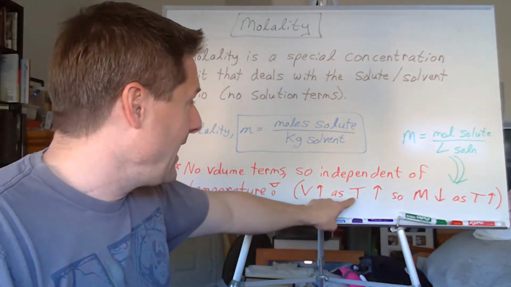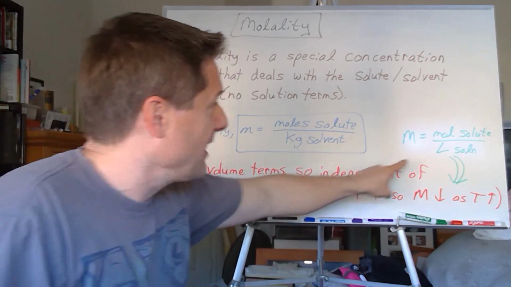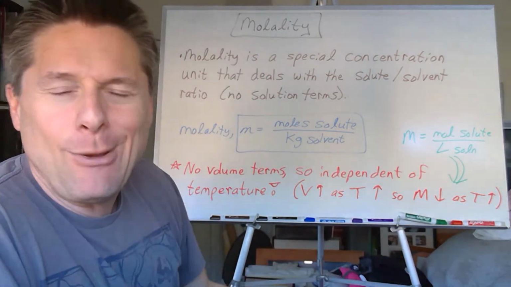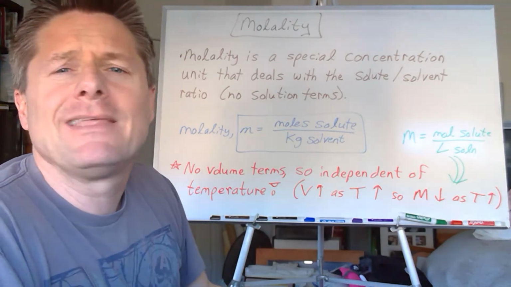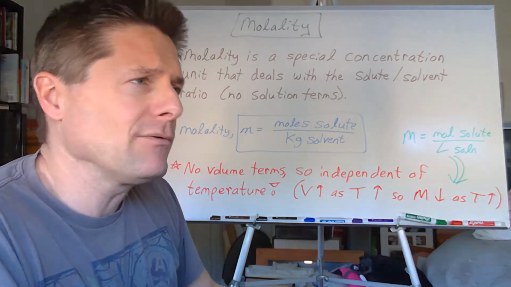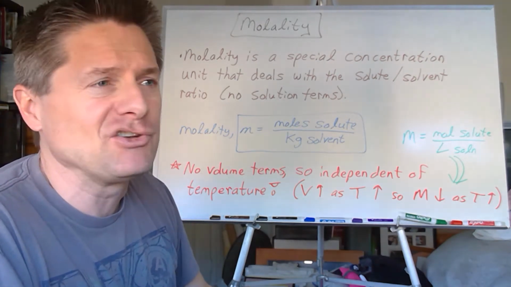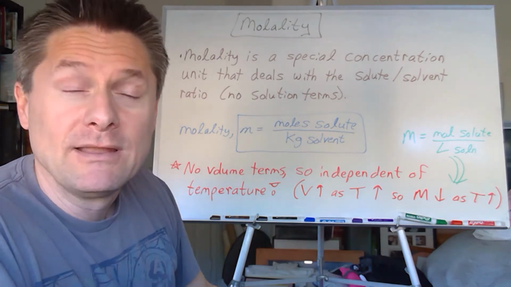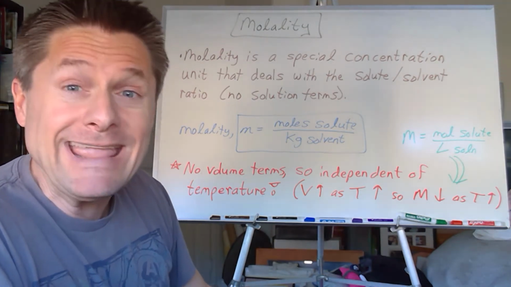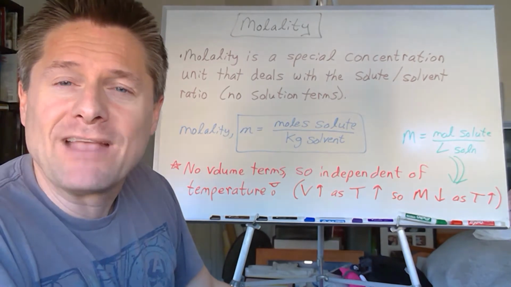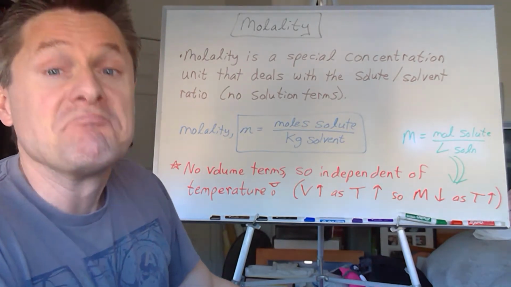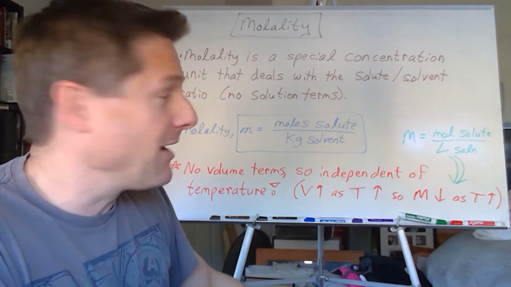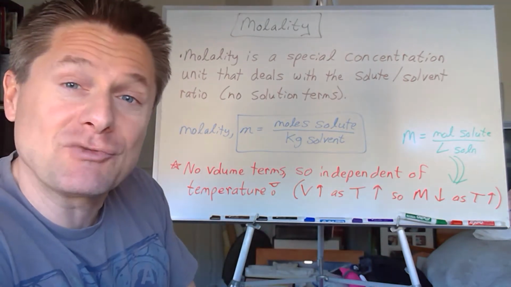So again, as temperature increases, volume increases, and if the volume increases in the denominator, the molarity is going to drop. In prep chemistry, the percent error, who cares, right? General chemistry, probably unless you're doing some really detailed analytical lab work, probably not a big deal to account for this. But if you're taking analytical chemistry as a junior or senior chemistry major, you might want to worry about the temperature effect causing changes in the solution concentration values.